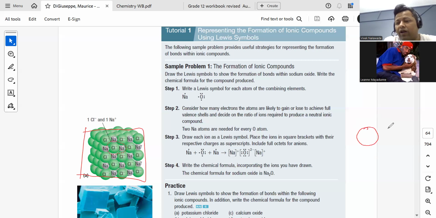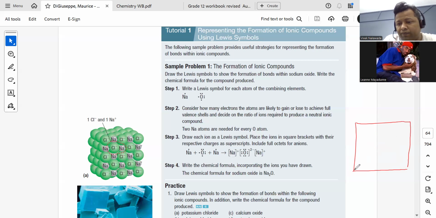Generally, the anions are larger in size. Imagine them as forming, let us say, a cube. Let me explain. So we have, let us assume, a cube.